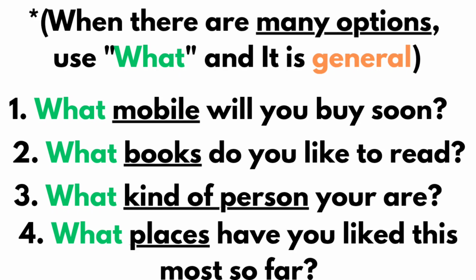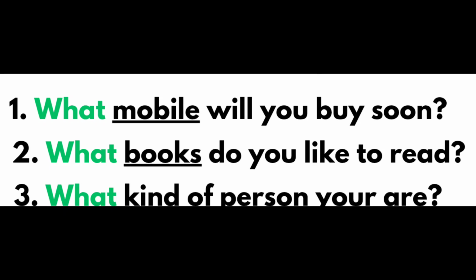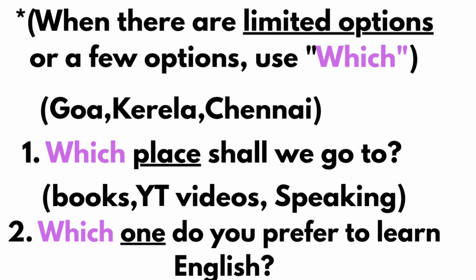We'll see when to use which. When there are limited options or very few options, use which. Here I have taken two examples. Just imagine the scenario. Goa, Kerala, Chennai, which place shall we go to?